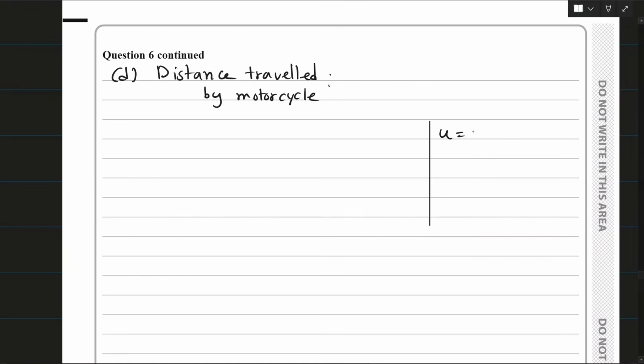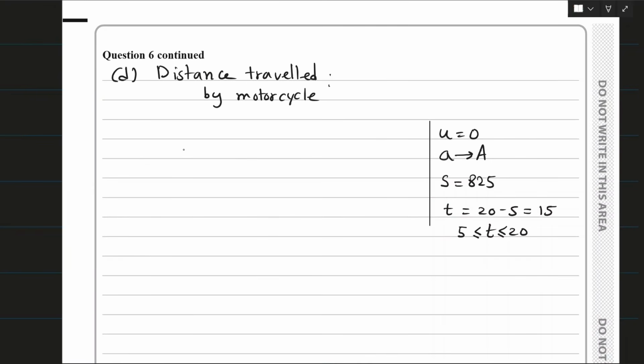We have an initial speed of 0, an acceleration that is unknown, given as A, a distance of 825, and we have the time period. The motorcycle travels this distance between 5 and 20 seconds, so the time period is equal to 20 minus 5, which is 15.